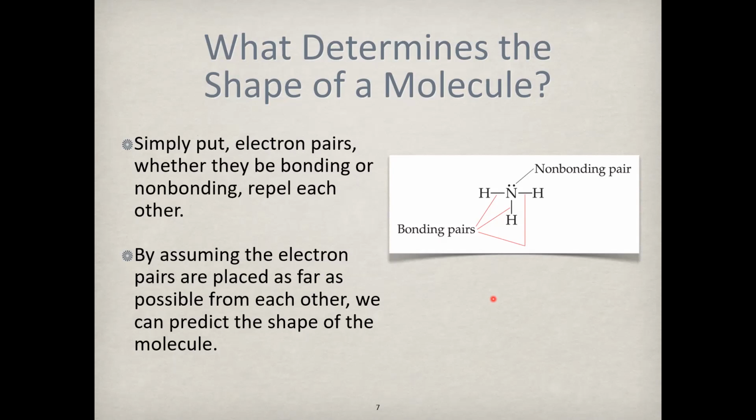So it doesn't really matter if we're looking at the lone pairs or the bonded electrons. There's going to be that repulsion, and that's ultimately going to influence the shape, because the electrons are going to want to spread out as much as possible in order to minimize that repulsion.